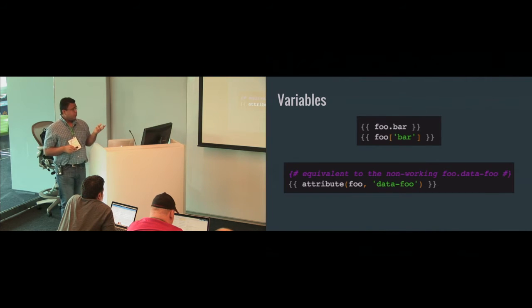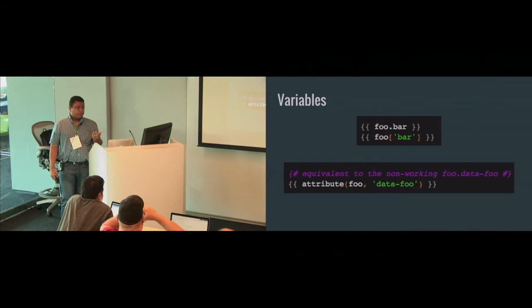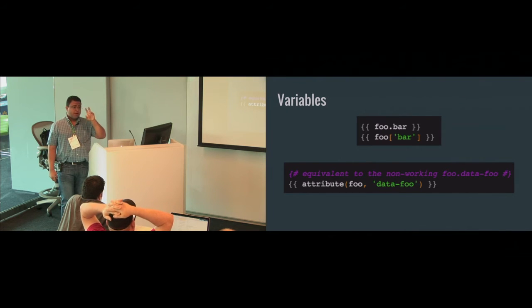In addition to the dot notation, we have two more options. One is using square brackets. This is most useful in Drupal when we have render arrays, where some of the keys start with a hash. You cannot use a hash with dot notation. If you put foo dot hash bar, that will not work.